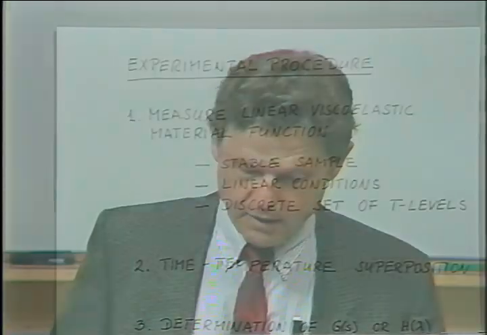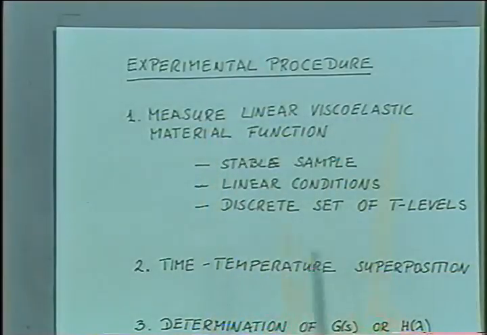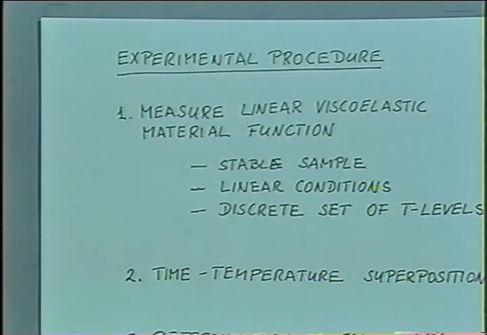And now I want to address the question, how can we measure the relaxation spectrum of a material like that? The experimental procedure goes something like this. We measure any linear viscoelastic material function.